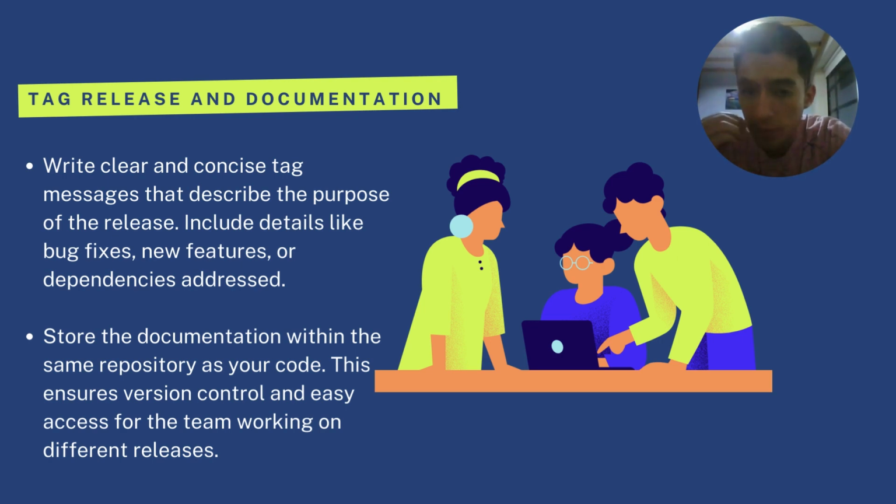So it's very important to take advantage of documentation, and of course the dependencies that our project could have are really important and crucial because other developers will see our project. And the second one is, for example, to store the documentation within the same repository as our code. This ensures version control and easy access for the team working on different releases. So we have to keep in mind this good practice.